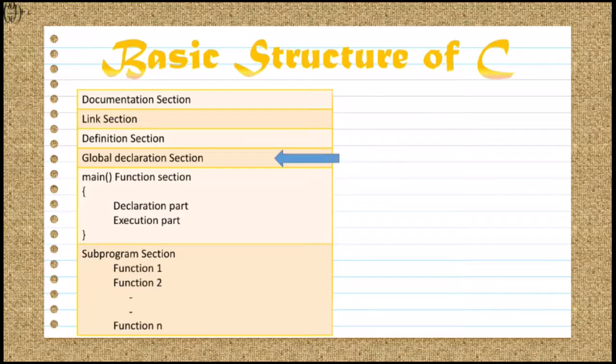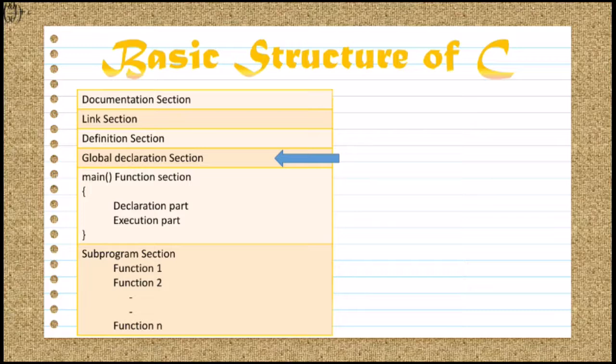Next one is the global declaration section. There are some variables that are used in more than one function. Such variables are called global variables and are declared in the global declaration section.